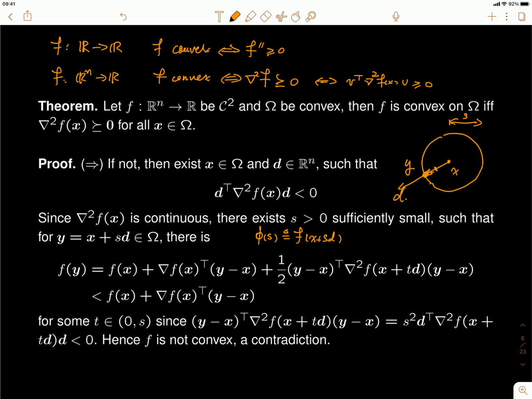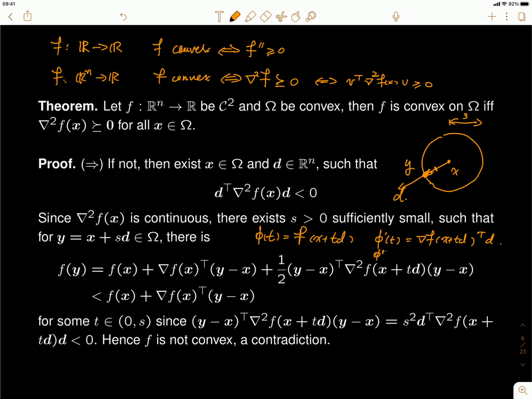So I know that when we use another notation by t, it's f of x plus td, and you know that phi prime of t is equal to gradient f of x plus td times d, right?